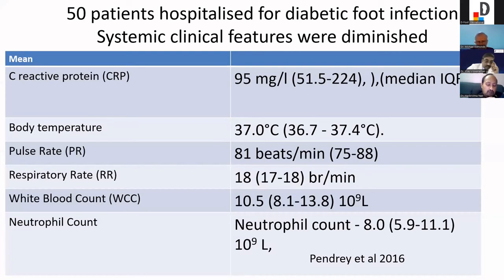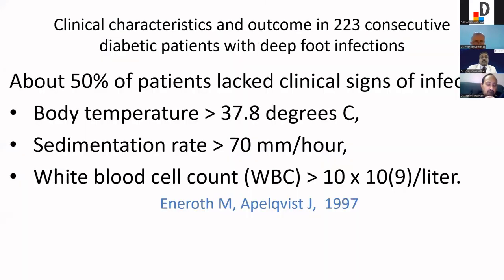They had raised C-reactive proteins, which is a more reliable sign, actually, but their median body temperature was 37, not raised, pulse of 81, respiratory rate normal, and the white blood count was also normal, and the neutrophil count normal.